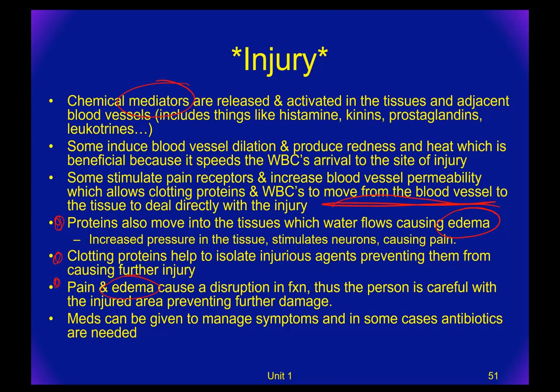Meds can be given to manage the symptoms, and in some cases, depending on if there's an infection, antibiotics can be given. But there needs to be a balance. One of the biggest issues with professional athletes is they will get injured, and rather than take the time to get better, they say, give me a pop of pain medication and I'll go back out there. And they keep going.